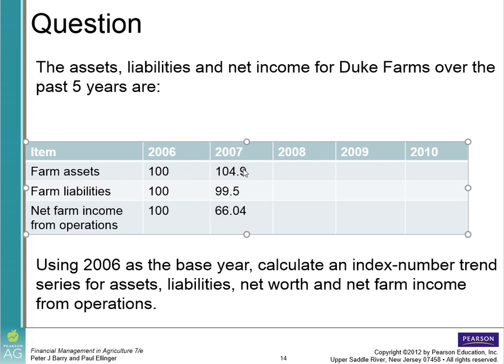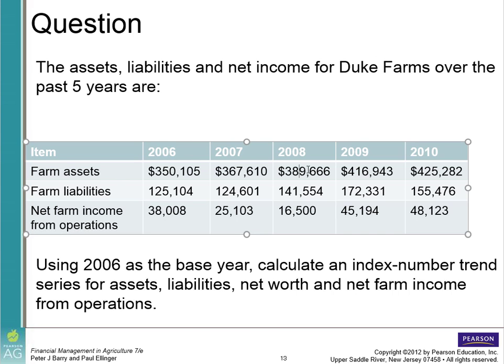So notice what the interpretation is. Your farm assets grew by 4.9% in 2007 when compared to 2006. Your farm liabilities declined by 0.5%, and your net farm income from operations declined by almost 34%. That's the difference between 100 and 66.04.